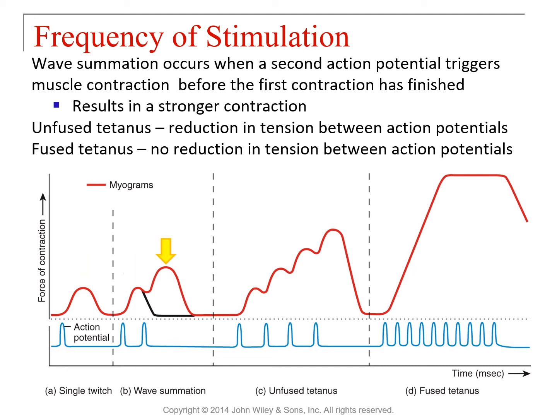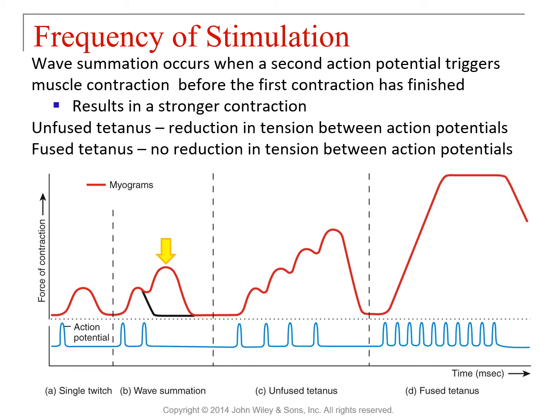Here, basically what you're seeing is the first twitch contraction not having enough time to finish before the second action potential comes in and sets off additional tension in the middle of the first twitch contraction.